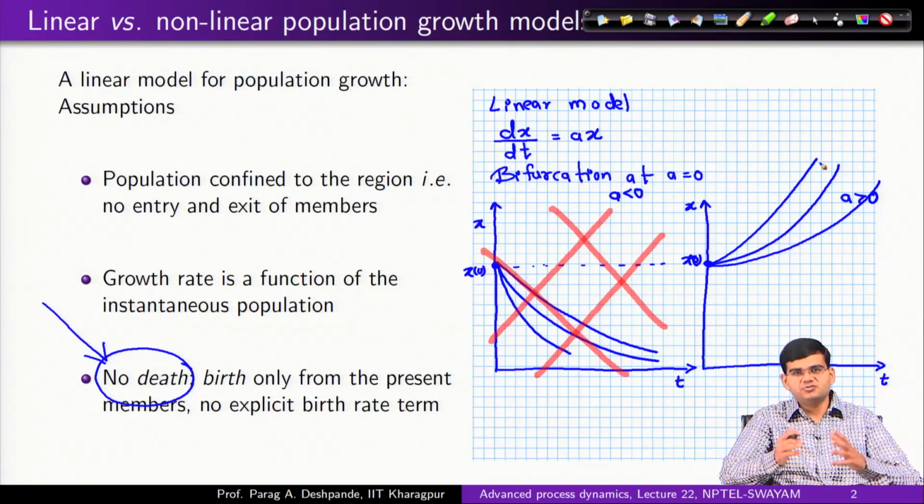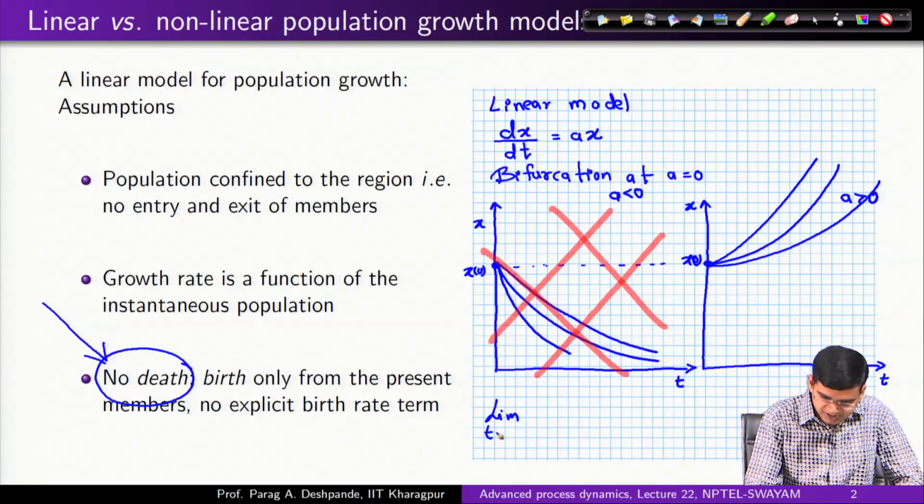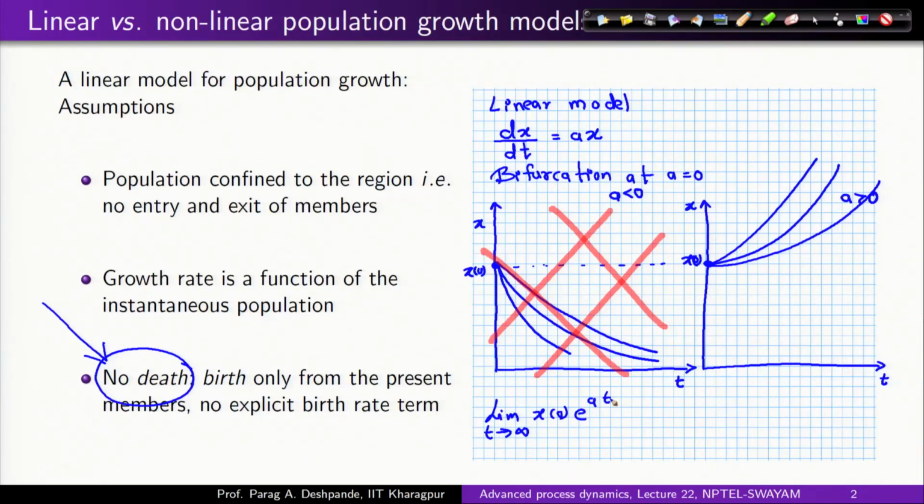If you start with some number of bacteria in a culture, the number of bacteria is going to in fact increase with time, but then there is a problem. The problem is that the limit as t tends to infinity of x0 e to the power a t, we know what is the value of this from the linear dynamics. This tends to infinity for a greater than 0.